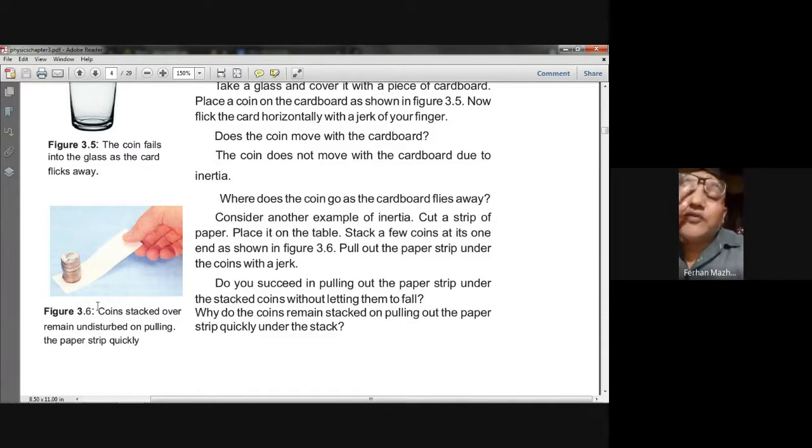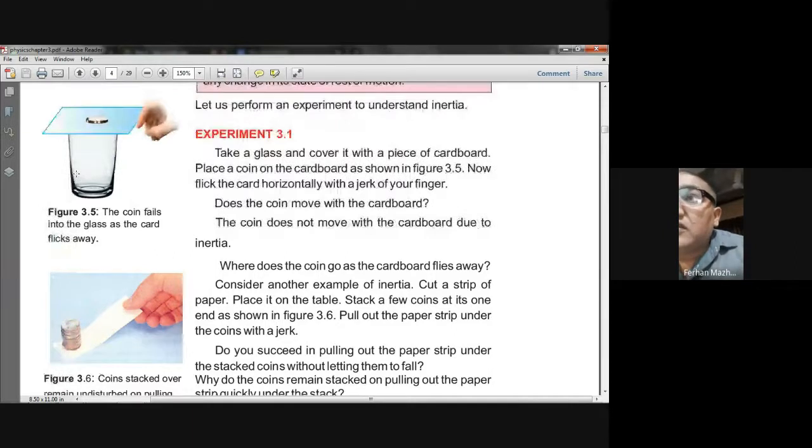The coin which you put on that card, the card is gone from underneath the coin, but the coin says, I want to keep my state of motion. It is at rest, and it wants to remain at rest. If you try to change its state of motion, it resists. That's why the coin remains there and falls into the glass.